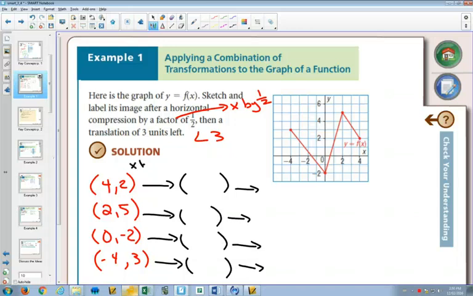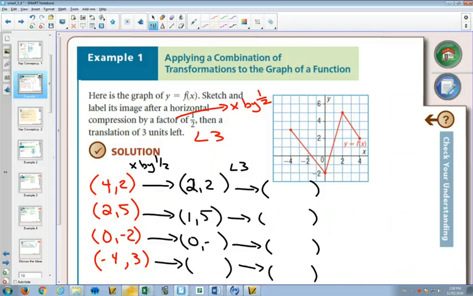First, we'll do the x by 1/2, then we'll go left 3 and look at where it ends up. So x by 1/2: (2, 1), (5, 0), (-2, -2), and (-2, 3). And finally left 3: (-1, 2), (-2, 5), (-3, -2), and (-5, 3).